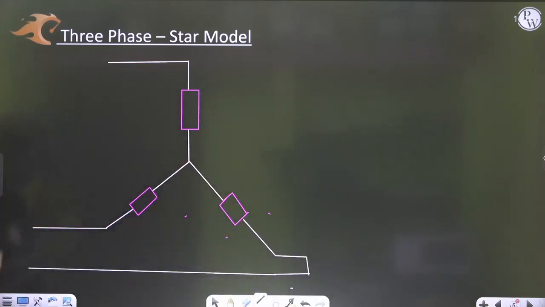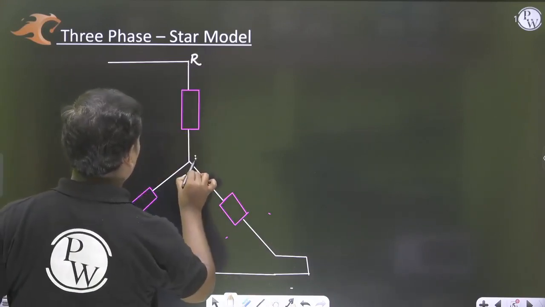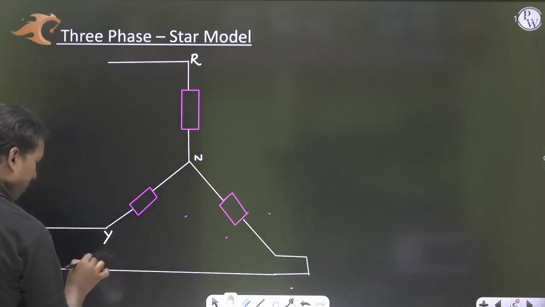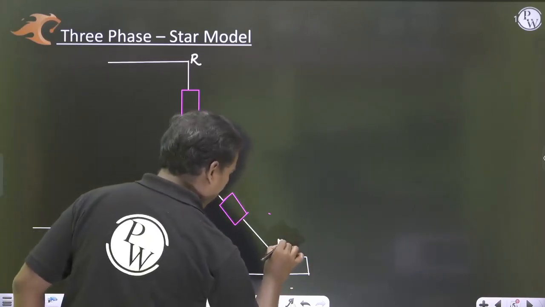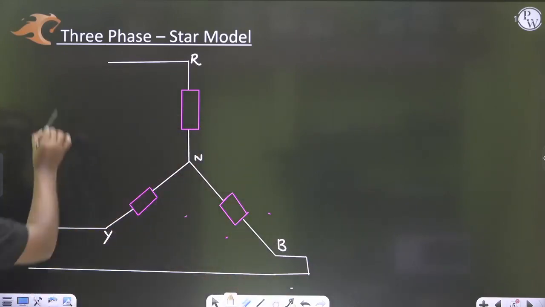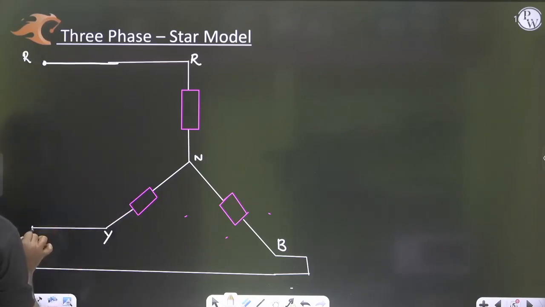Let us take this like this. So this is our RN, our Y, our B. Clear? So this is the three phase. I will take this as the R phase, this is our Y phase, this is the B phase.